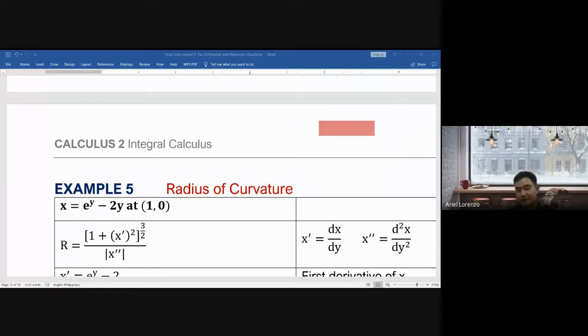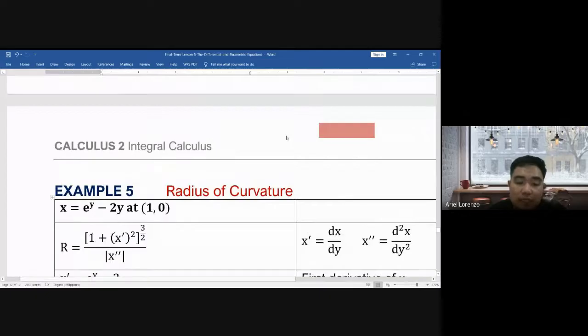So, class? Okay, let's just solve it now. Okay, so first we get the first derivative and then the second derivative.